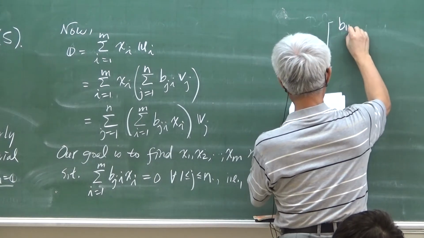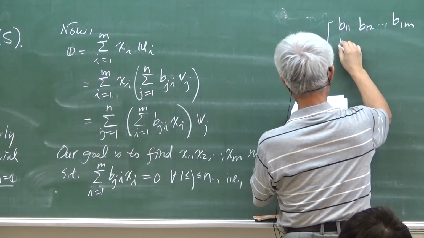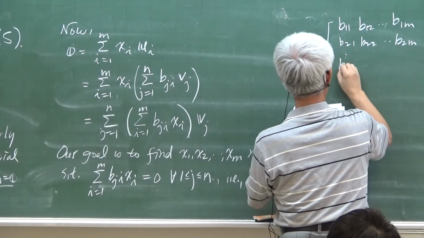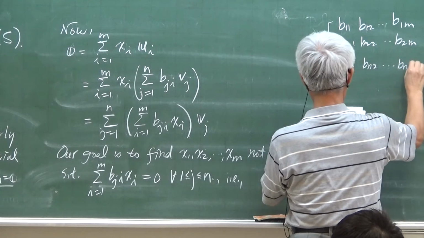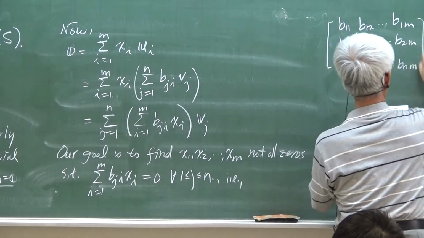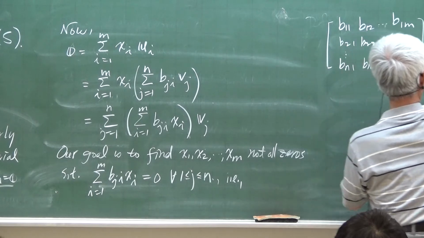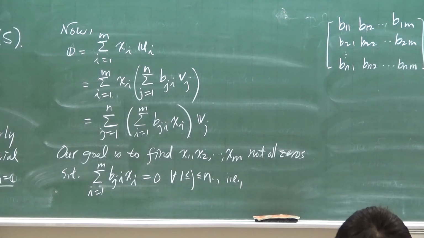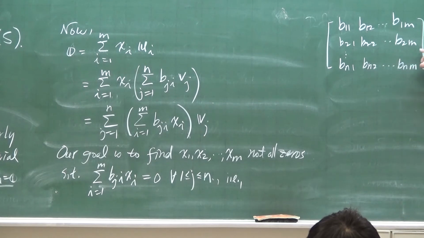So this is B11, B12 up to B1n, B21, B22 up to B2m, Bn1, Bn2 up to Bnm, times x1, x2 up to xn equal to 0, 0, 0. Alright, so it is equivalent to solving this homogeneous linear system.